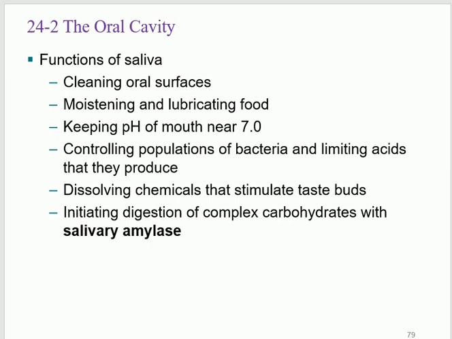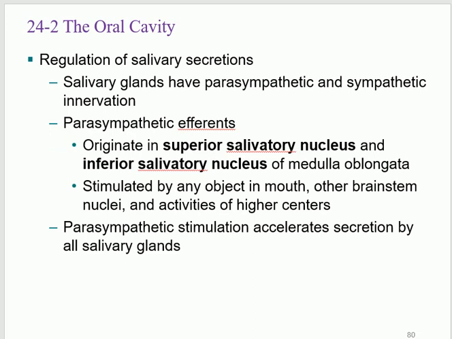Okay? Besides, we have buffers in our mouth. So what if I'm drinking something that contains acids? Your saliva is going to neutralize it. Okay? So it will keep the pH. It's not one function. It's lubrication. It is chemical digestion, two things. It's mucus secretion. It's keeping the pH. All of these are the different functions.